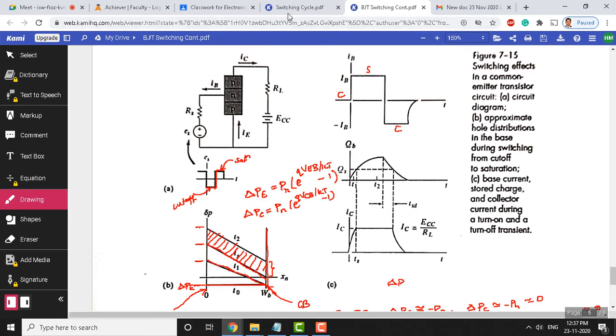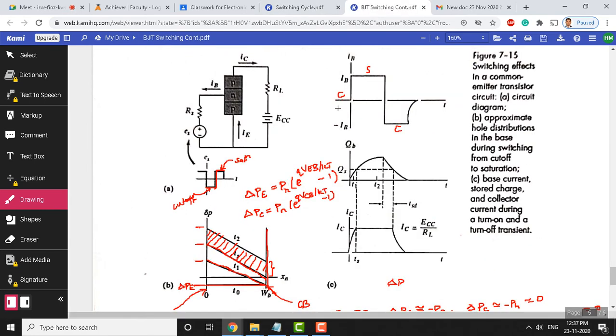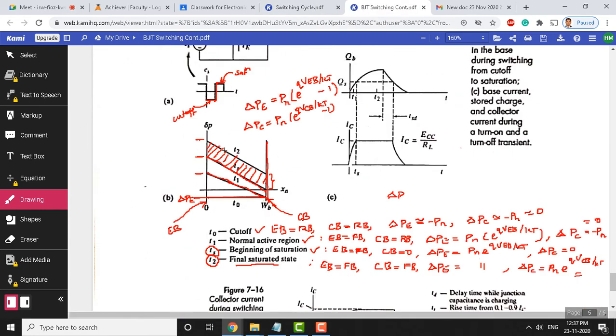Now let us see the timings. At time T S, which is the beginning of saturation, the device enters saturation, and the hole distribution reaches its final state at T 2. We have already shown the T 2 state, the way the holes reach the final state of hole distribution at the T 2 timing instant.